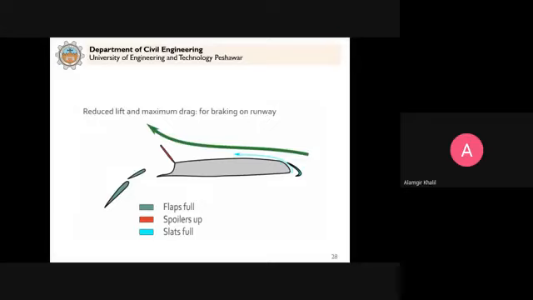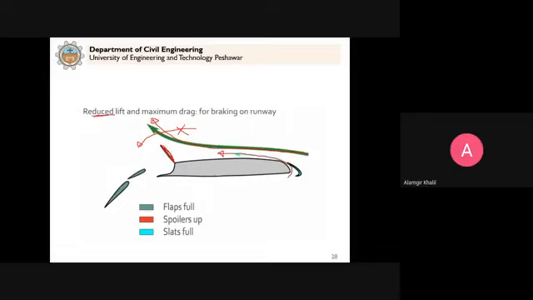And when it is landing, you can see that the air flows here, and boundary layer separation is undesirable. These spoilers are raised so that the air flows up rather than in the downward direction. This is avoided, and when the air moves on the aeroplane wing upward, it will reduce the drag.